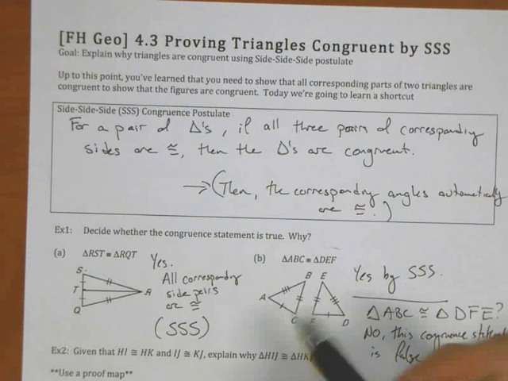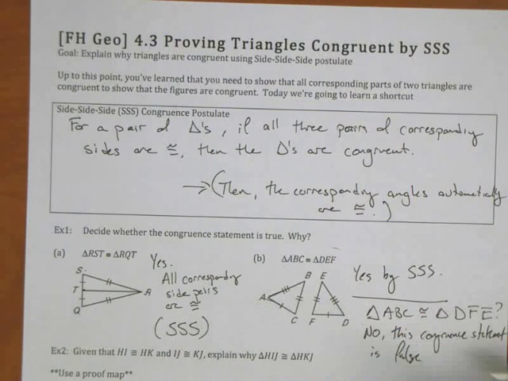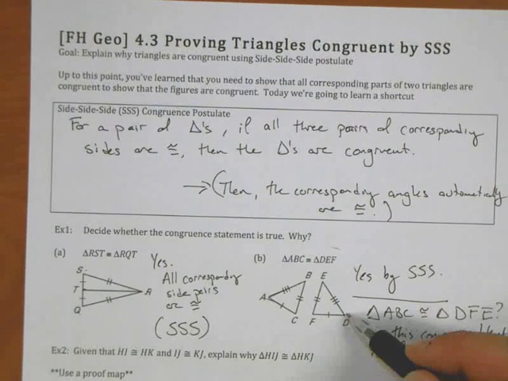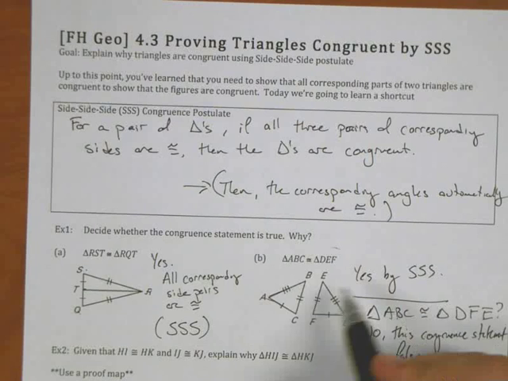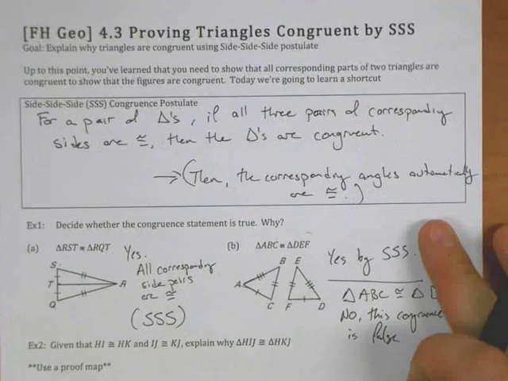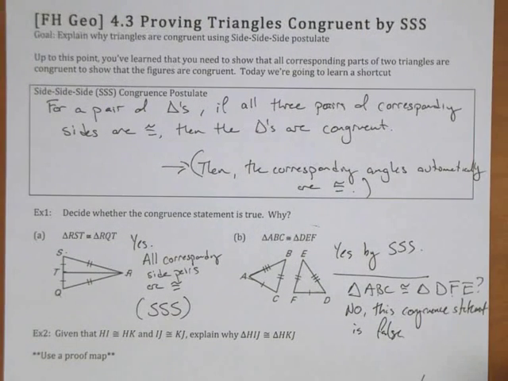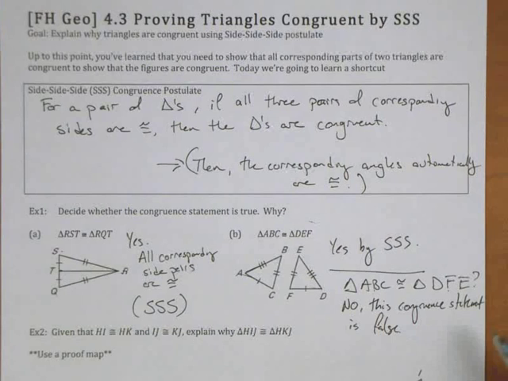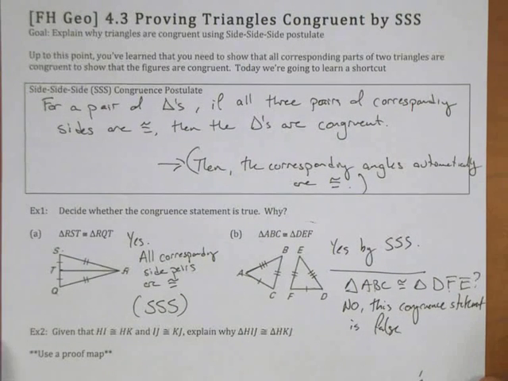Because A and D may correspond, A is between the 3 and the 1 hash, and D is between the 3 and the 1 hash, but B is between 3 and 2, while F is between 2 and 1. This congruent statement is not true. So we've got to be careful about what the congruent statement is actually saying. The original one is good. If it were reworded, even though the 2 diagrams look alike, the congruent statement itself is important as well.